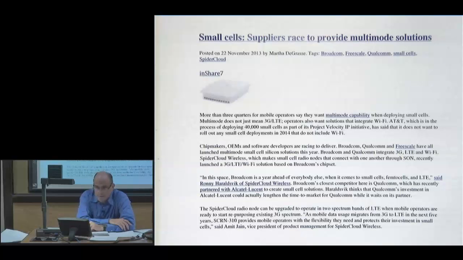But the spectrum is unlicensed and it is free. So the carrier is effectively taking people off their expensive licensed spectrum and shifting them over to some other free spectrum. The only thing it costs is having that Wi-Fi access point. So there's a lot of discussion now about combining small cells and Wi-Fi so that the small cell could itself offload to Wi-Fi. You wouldn't have to have a separate Wi-Fi access point.